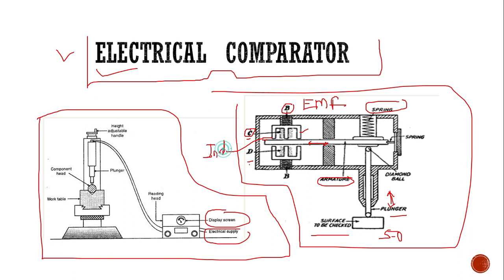Inductance is basically the resistance to the generation of current. So the upward movement of the plunger will reduce this gap, and what will happen? The inductance will increase, the resistance will increase, and this inductance will be captured or measured.